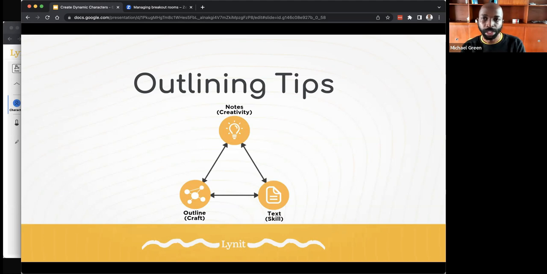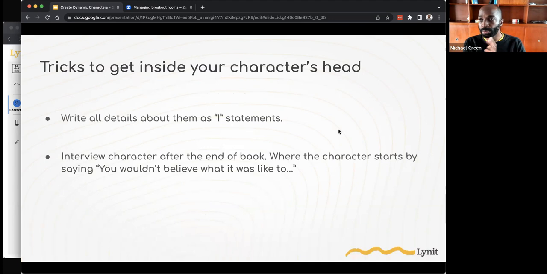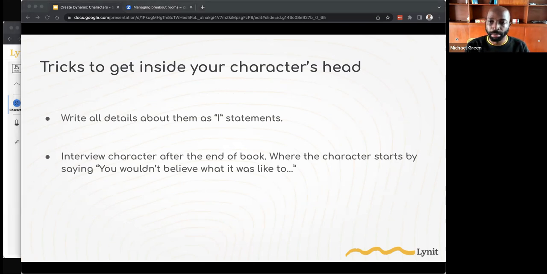For the first portion, we're going to cover tricks to get inside your character's head. First is to write all the details about them as I statements. In my personal experience, I used to struggle with switching between multiple characters when I'm writing, because in my story there are often four or five characters in a scene.